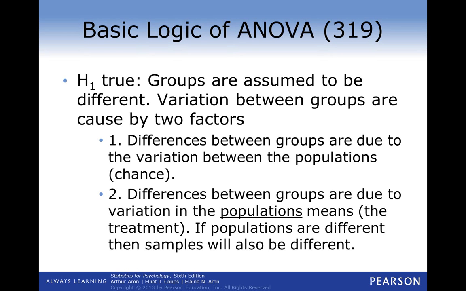If the populations are different, then the samples are also going to be different. So in other words, if your treatment works, if it causes a difference between the groups, you can assume that in the population, if this exists in the form of the dependent variable, it's going to cause a difference between your two groups.